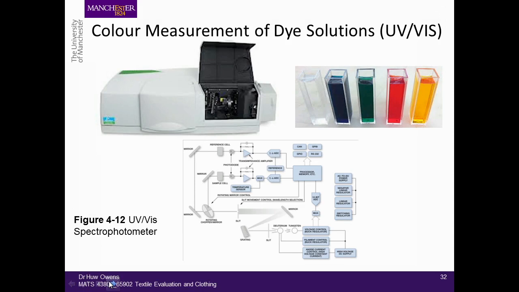It's just going to measure the light source through the blank, then measure the light source through your coloured sample, and it's going to take away the contribution of the glass and of the solvent.